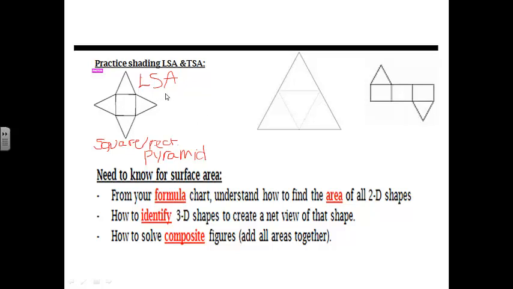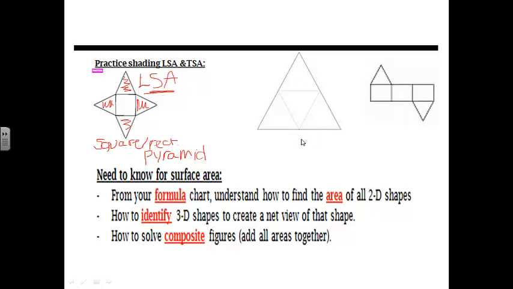So what does LSA mean? Lateral surface area. We are adding all our areas together but the base. So we would add all 4 of these triangles together to get lateral surface area. To get total surface area, we would include the base.